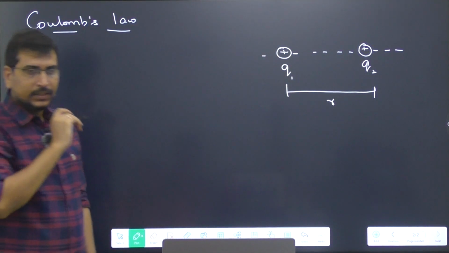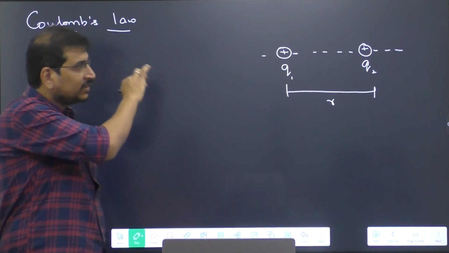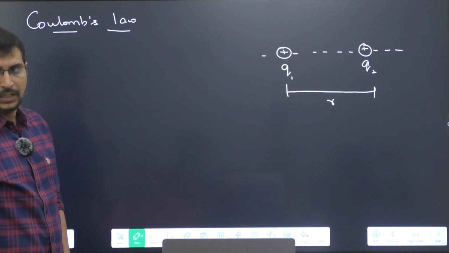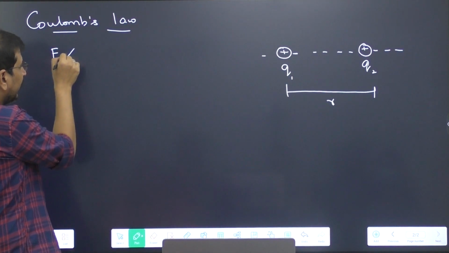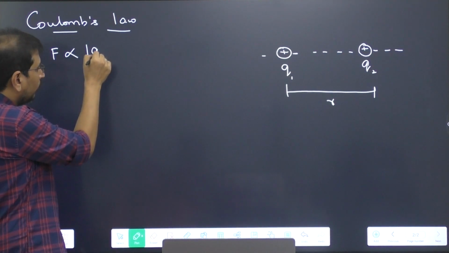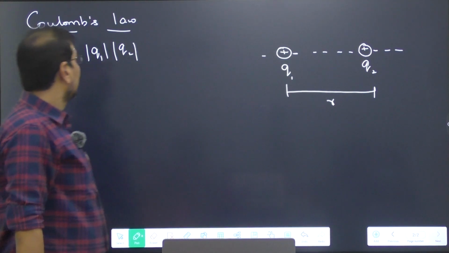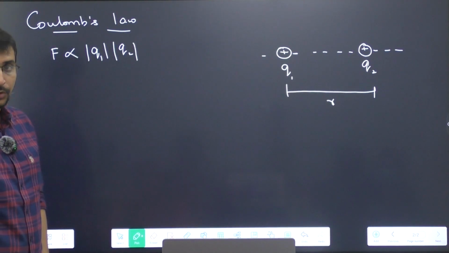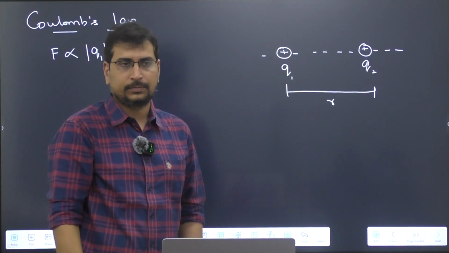Right. Then there will be a force existing between these two charges, such that the force is going to be directly proportional to the magnitude of the charges. Correction. Force will be directly proportional to the product of the magnitude of charges.